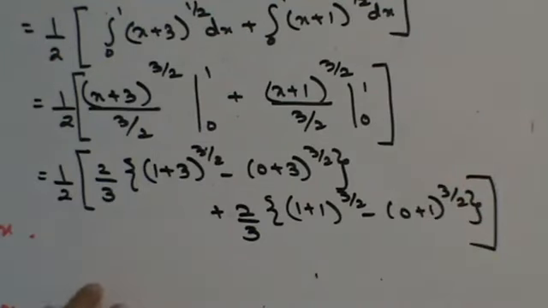Right? So in that case, this will give you 1 upon 2, 2 by 3.